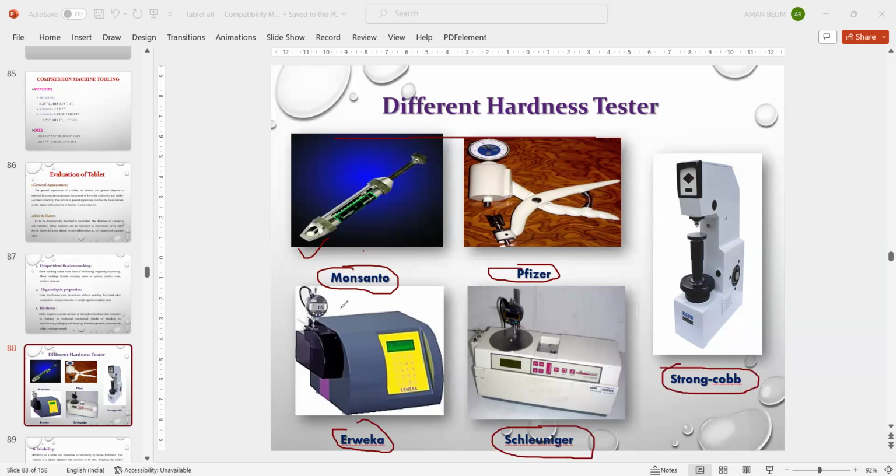In industries, mostly Erweka and Schleuniger are used, and for academic institutions, the Monsanto is widely used. So these are the different hardness testers. It is very important to remember the names of these testers, because two or three times a question has come from this part, the names of the hardness testers.